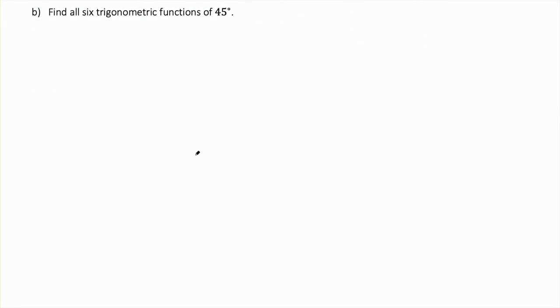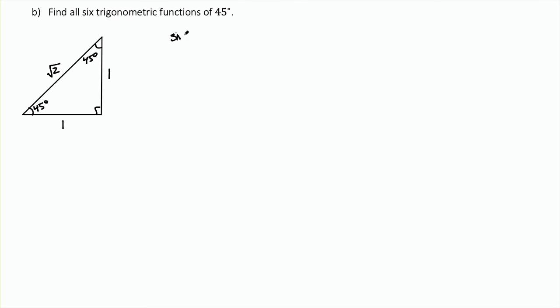For the 6 trigonometric functions of 45 degrees, we can draw our special right triangle, the 45, 45, 90 triangle. And so these are our 45 degrees, 45 degrees. The side lengths that we memorize are both of those equal sides are 1, and the hypotenuse is the square root of 2.